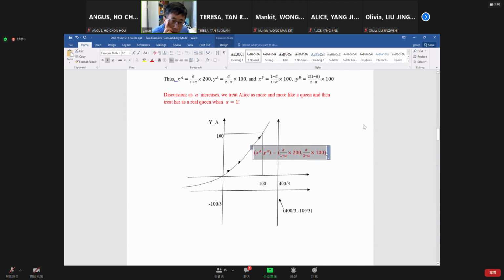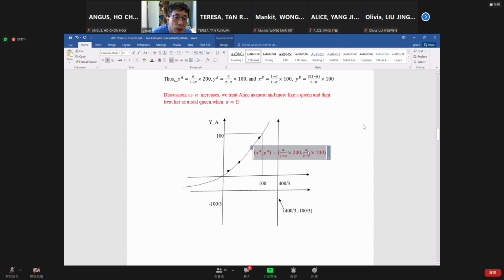And also what's interesting is, if you look more carefully, when alpha increases, this one increases at the very beginning. I think this number is 200, and this number is 100.